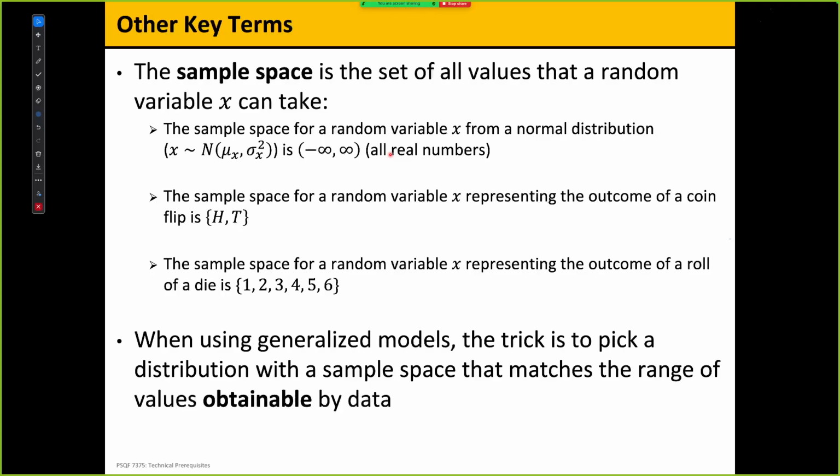In practice, the normal distribution, the bell curve, you're familiar with that. As you get further and further away from the mean, the likelihood of observing any event is so infinitesimally small that the normal distribution is often used in cases where the sample space is not necessarily negative infinity to positive infinity. For instance, if I wanted to model heights, we know that nobody can be negative inches tall, right?